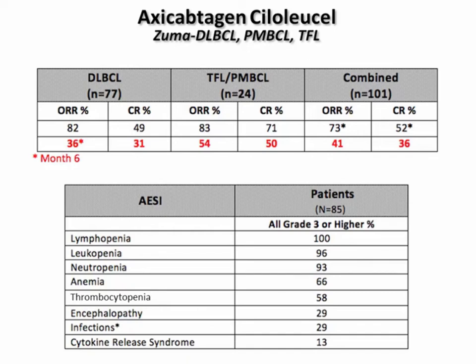As a result of this, these patients become very susceptible to infectious disease. 16% of the patients had grade 3 and 4 infectious diseases, which could be bacterial, viral, or fungal in nature. We also saw a good number of patients with encephalopathy, a little bit more so than we saw with pediatric treatment, and cytokine release syndrome, which may be a little bit less. But again, these are very serious adverse events.